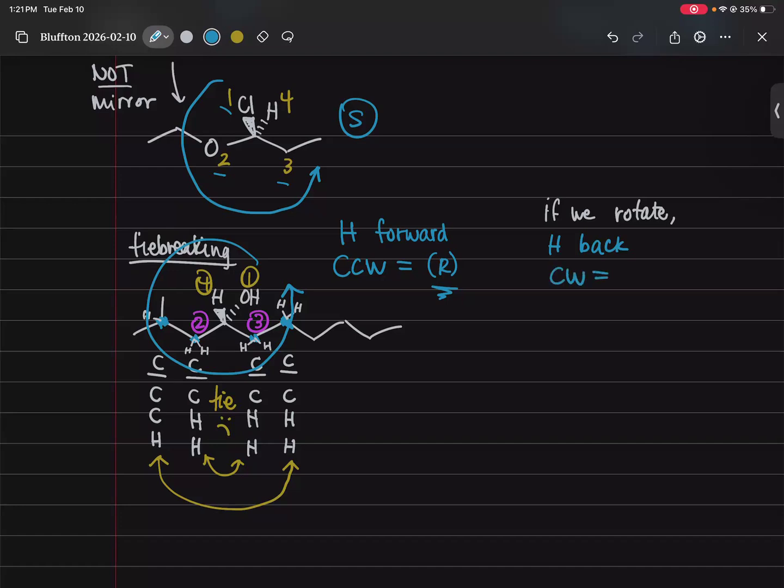Then we'll have a clockwise order of substituents 1, 2, 3, and that will also give us R. Okay, if the cheating method is a little confusing, or you instinctively said S, make sure you can practice rotating the molecule, flipping it like a pancake, getting the hydrogen to go backwards, and making sure you assign the correct substituents to the correct numbers when it's rotated.